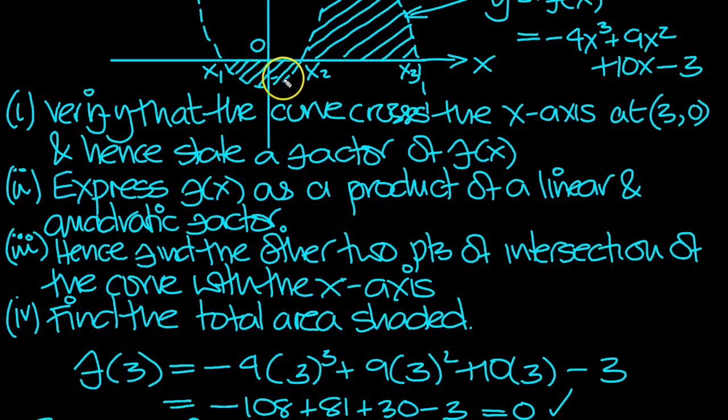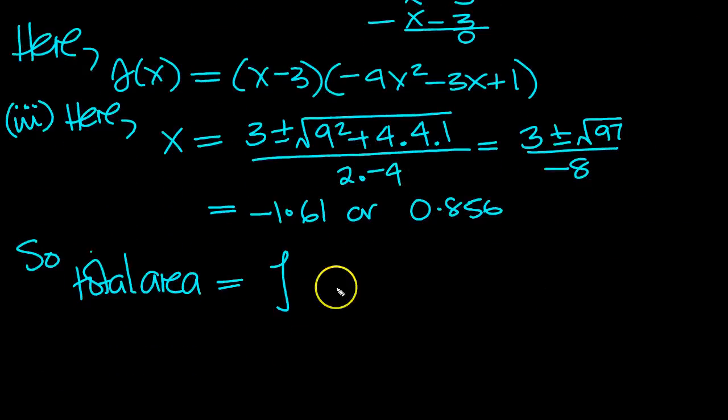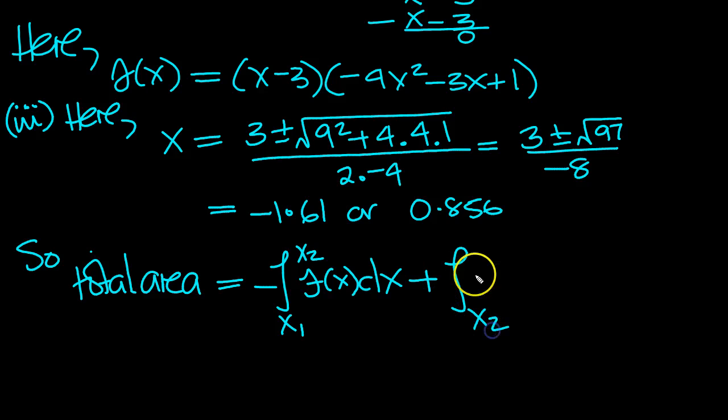So it's minus this integral here to give that area, and plus the other integral. So it'll be from x1 to x2 of f(x) dx. So it'll be minus that because it was underneath the curve, plus x2 to x3 of f(x) dx.